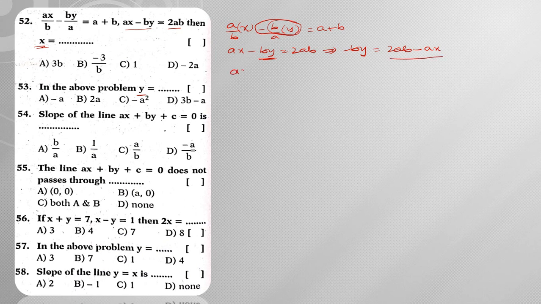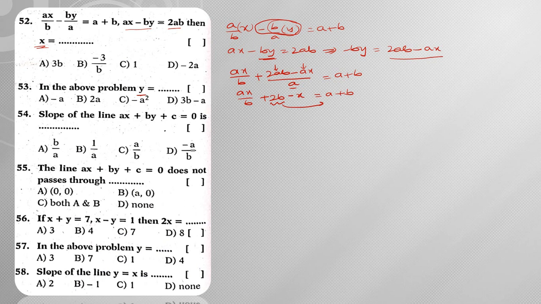Then what I am going to get is ax by b plus (2ab minus ax) divided by a is equal to a plus b. Now in both the terms I am having a, so that a I can take common and cancel with the denominator. Then I am going to get 2b minus x is equal to a plus b.